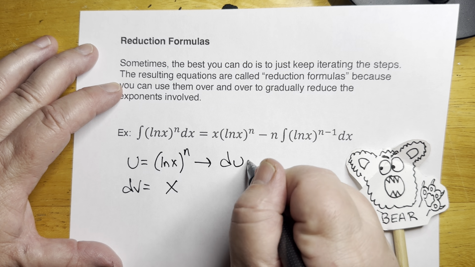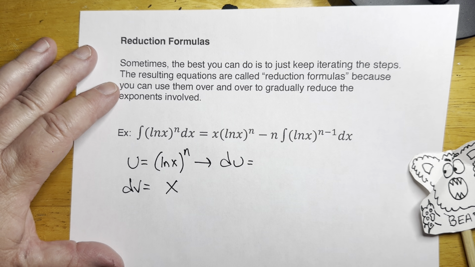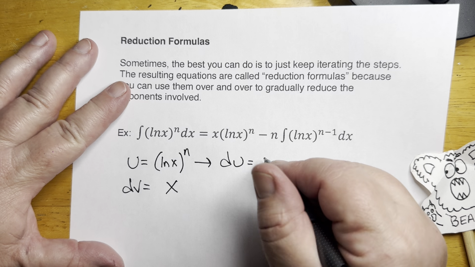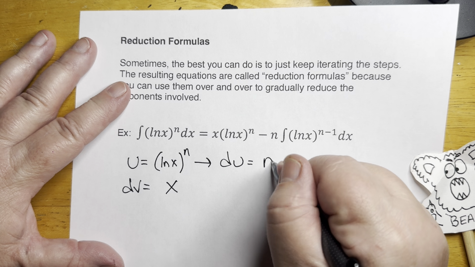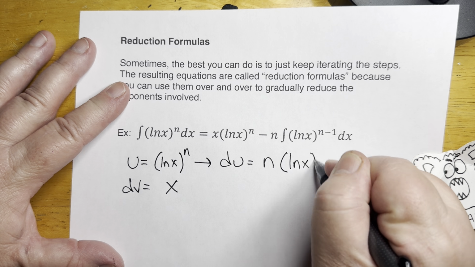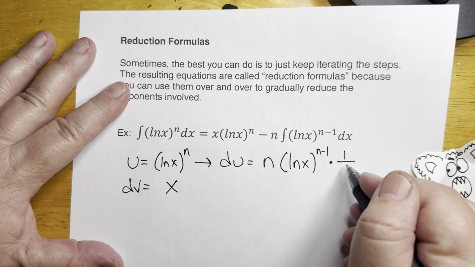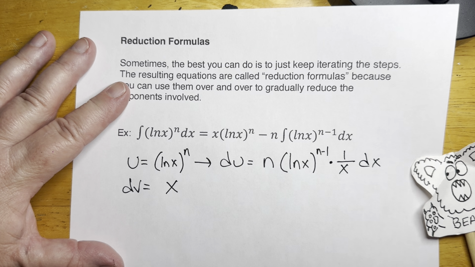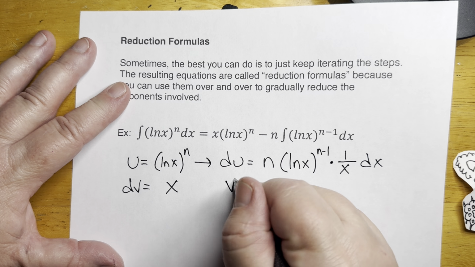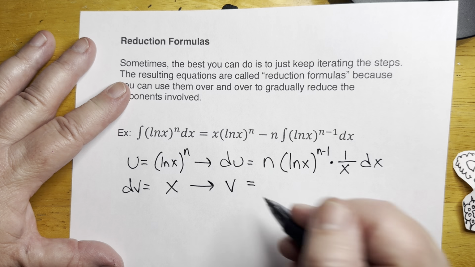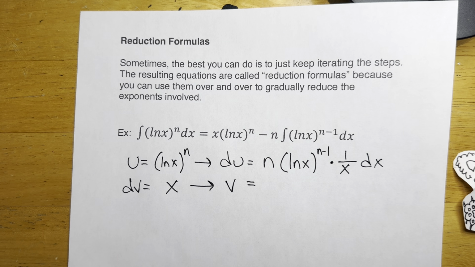Your du is going to require the chain rule: n times natural log of x to the n minus 1 times the derivative of the inside, 1 over x dx. This is a lot. V, on the other hand, is just going to be the integral, oh my goodness.